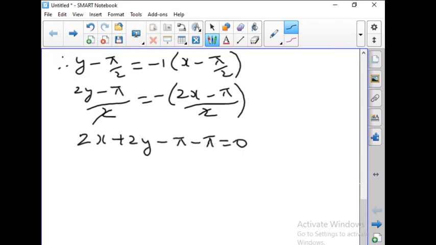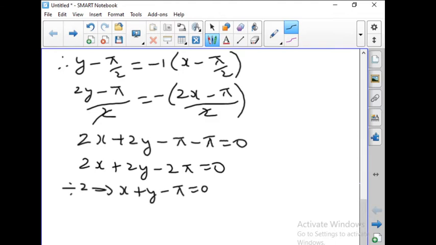So it is 2x plus 2y minus 2 pi is equal to 0. Divide throughout by 2, we get x plus y minus pi equal to 0, which is the normal.